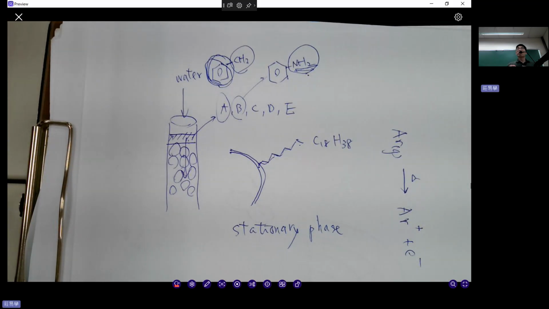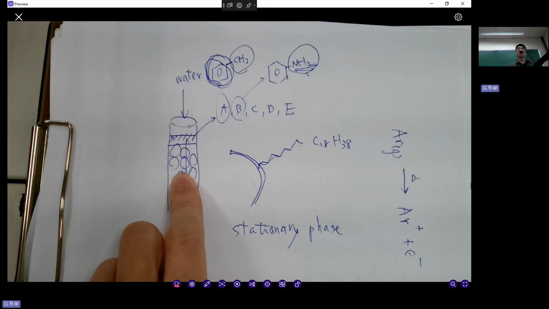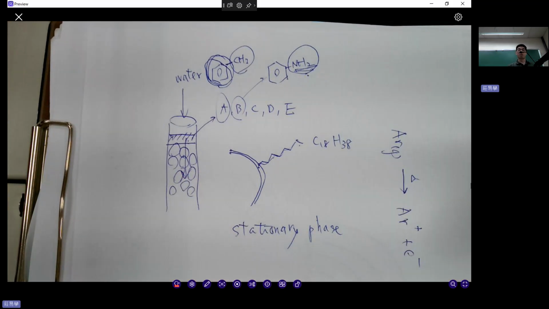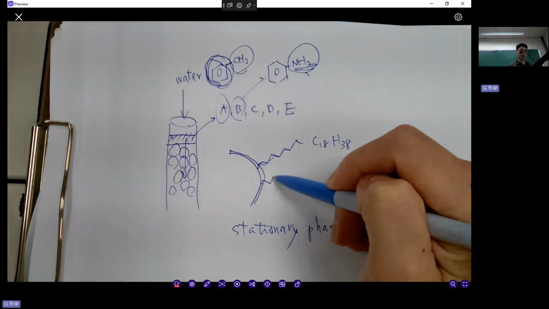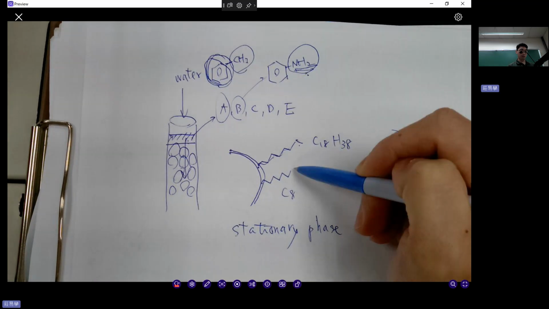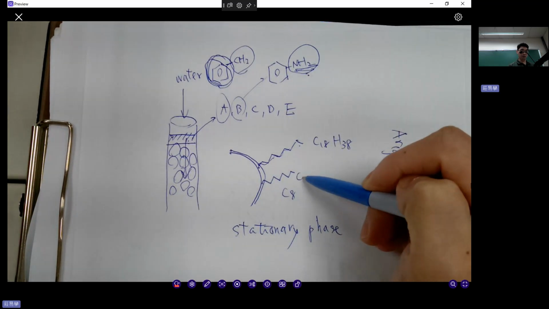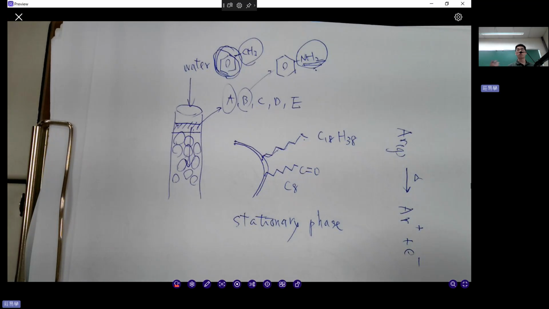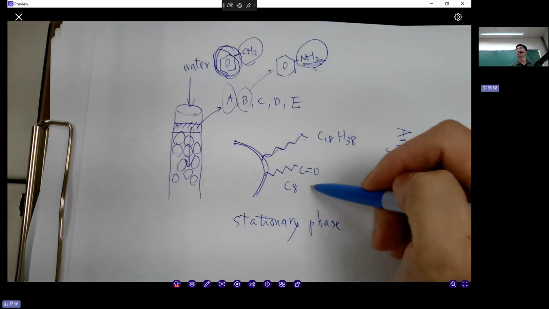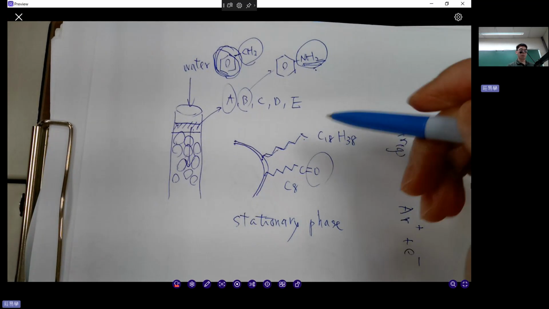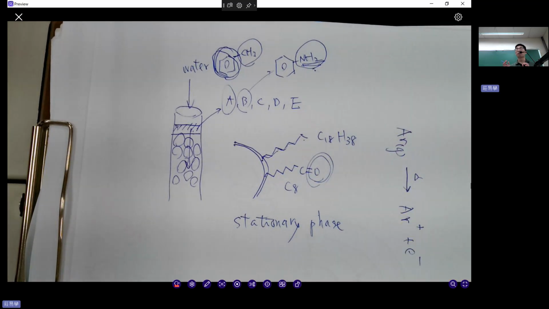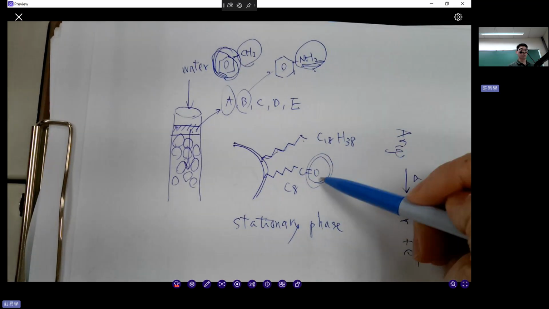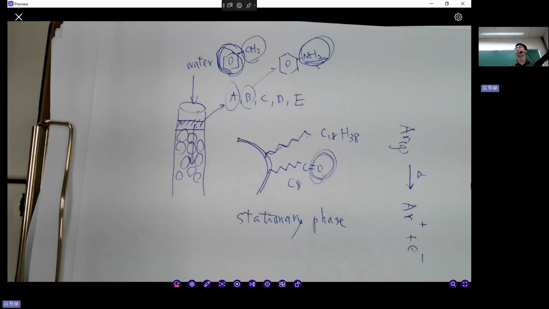And if we use another stationary phase, say instead of C18 it's a C8, with a COOH or COH functional group, a polar functional group here. Again, the polar functional group is going to provide an additional interaction site with the polar functional group.